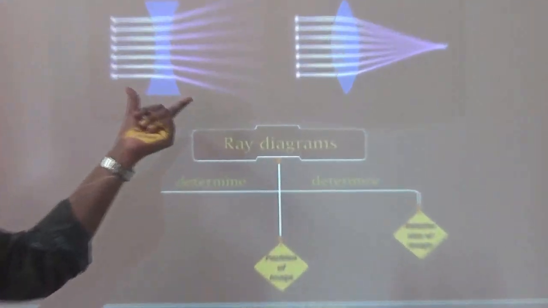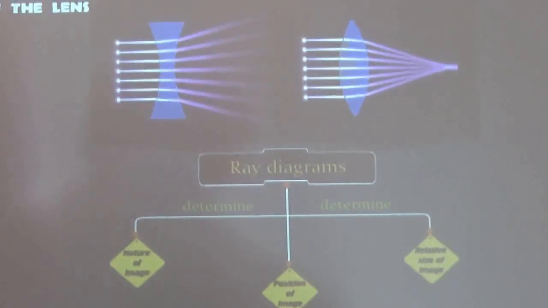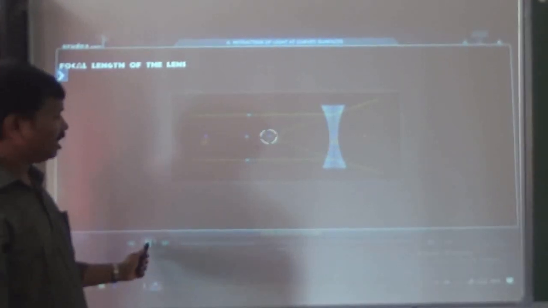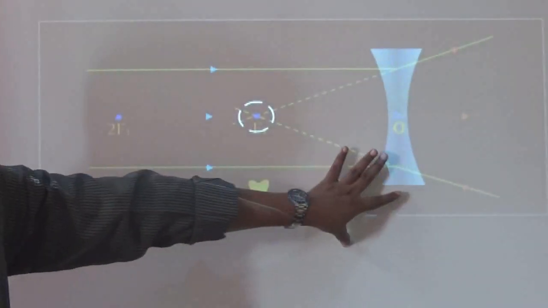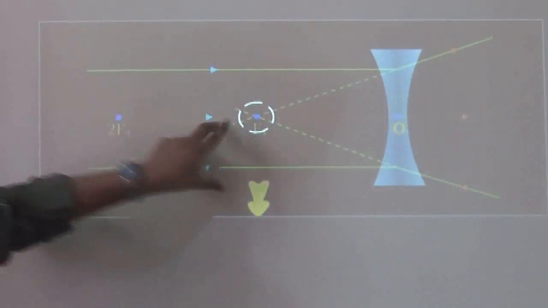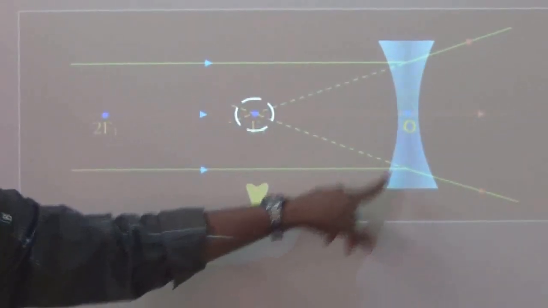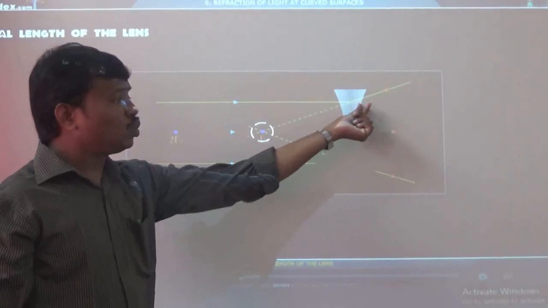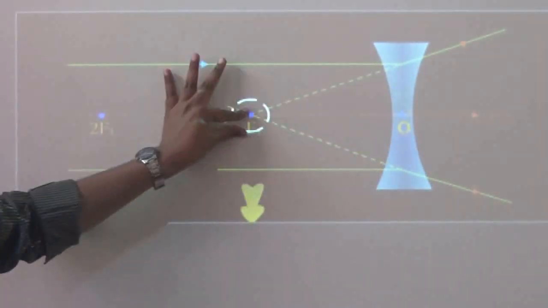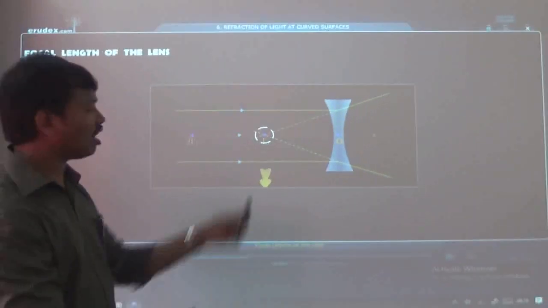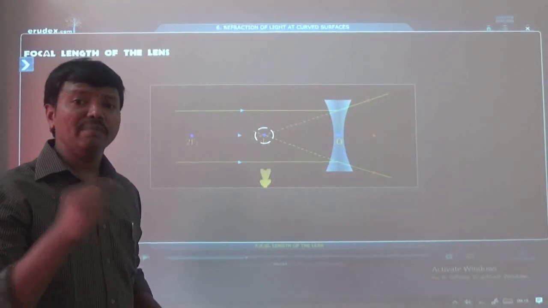This is a concave lens. It is a diverging lens. Now, at different positions of the object, different images are formed. In the case of a concave lens, when light rays from the object are parallel to the principal axis, after refraction those two rays diverge. But when the two diverging rays are extended backwards, they meet at a point called the focus, at which the image is formed.